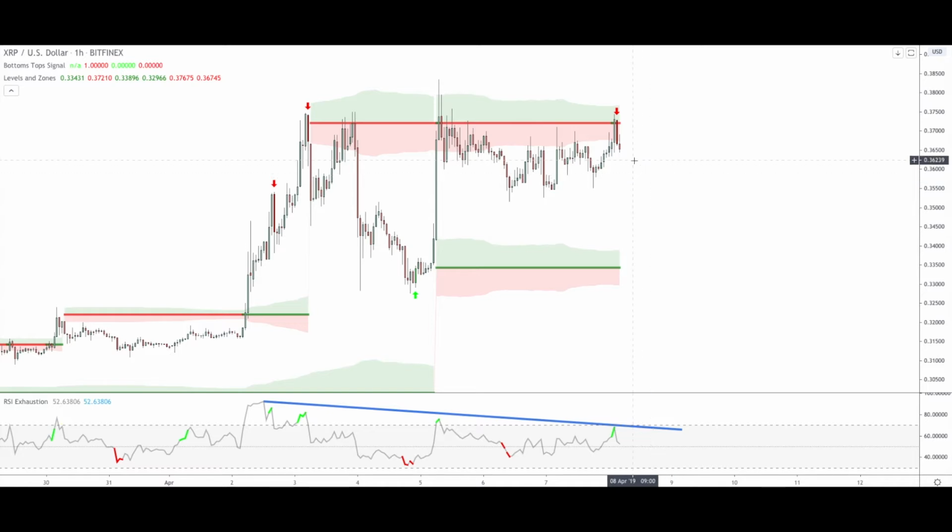I'd like to comment on this very strong resistance line here, because as you can see, the resistance started at this point when the candle went straight down.